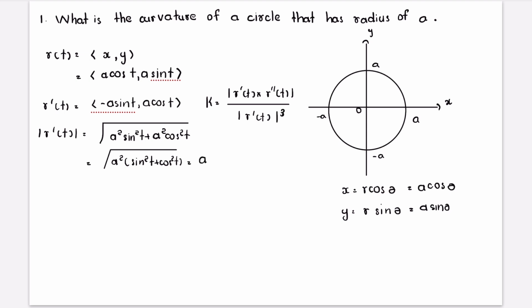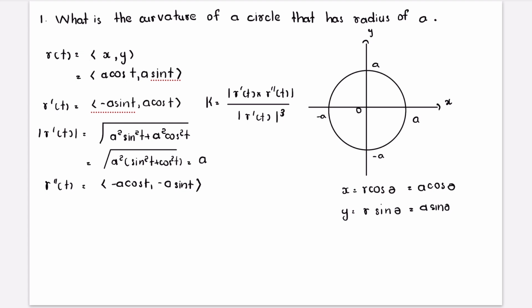So the answer is a square. Now it's a. So we need to find the second derivative of r, which is minus a cos t, minus a sin t.